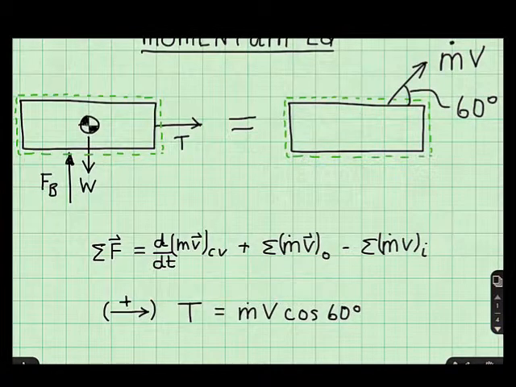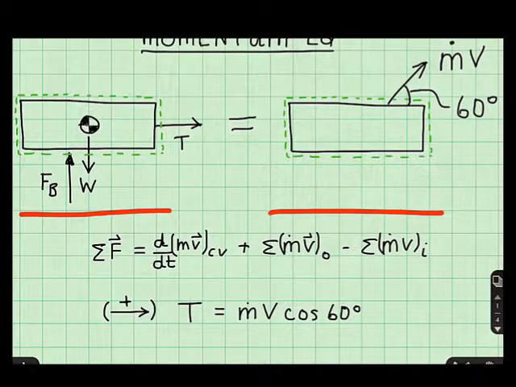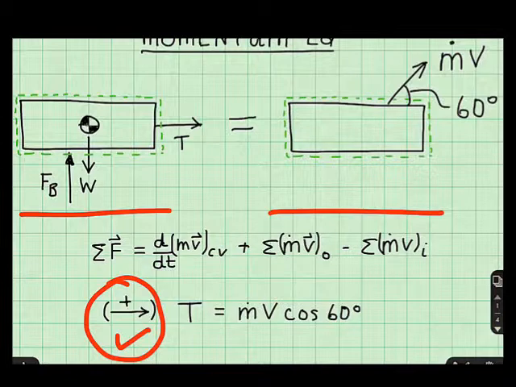And of course, the easy way to do the momentum equation is just take the vector terms right off the pictures. And so I'm going to sum forces in the horizontal direction. This little cartoon shows my direction. And so I look at my force diagram, and the only force which has a component in that direction is T. And positive is to the right, so I write down the forces. So this is the only force right here.